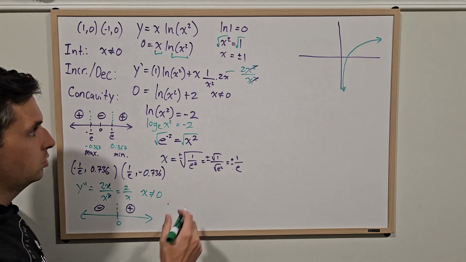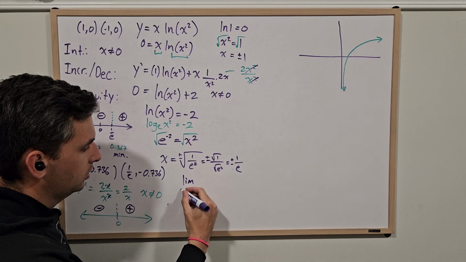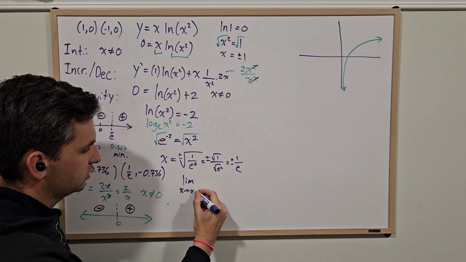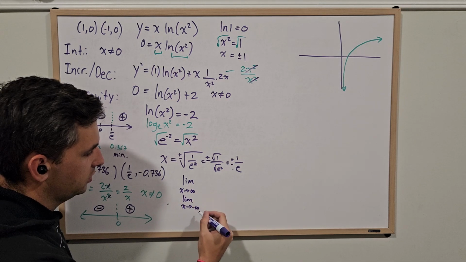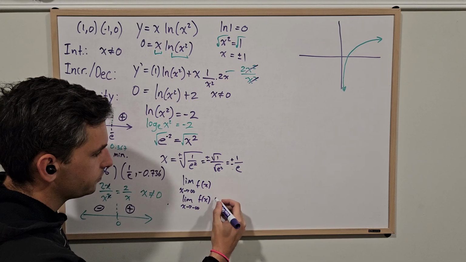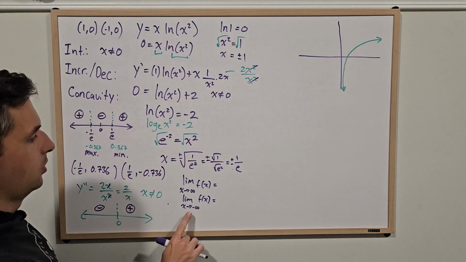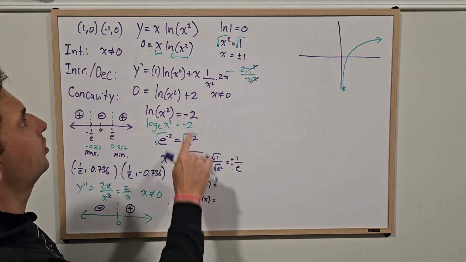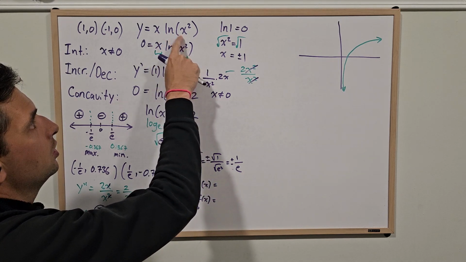Last thing we need to do is take limits. Limits as x approaches infinity, limit as x approaches negative infinity of our function. As it approaches infinity, if I put in a really large number for x over here, it's going to be infinity.